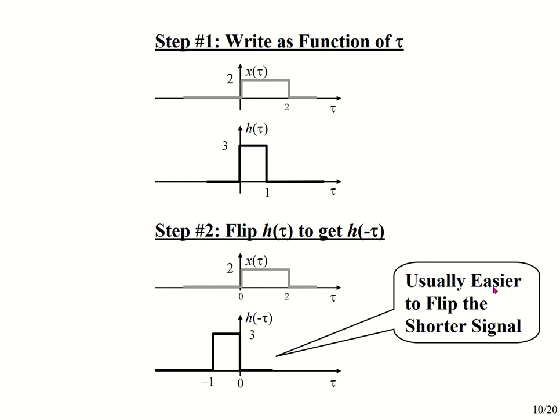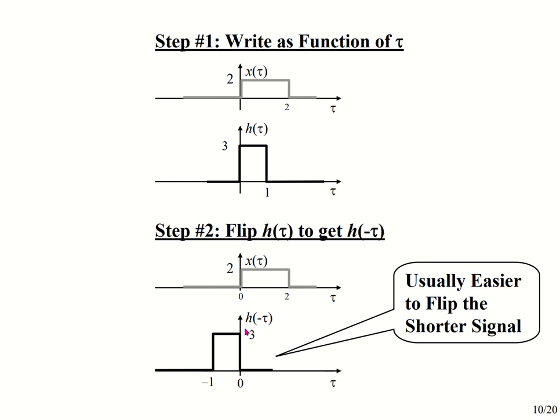It's usually easier to flip the shorter signal. This is again the same property that I probably discussed last time, and if I didn't, then we'll discuss it in today's lecture: the property of associativity. It says that x convolved with h gives you the output y, so x star h is equal to h star x.